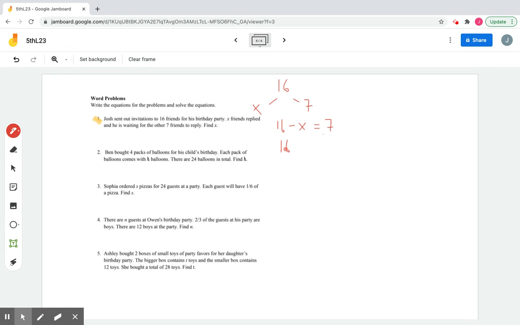So this will be the same as 16 minus 7 equals X. 16 minus 7 is 9, and X will be 9. So 9 friends replied and 7 friends didn't reply yet.